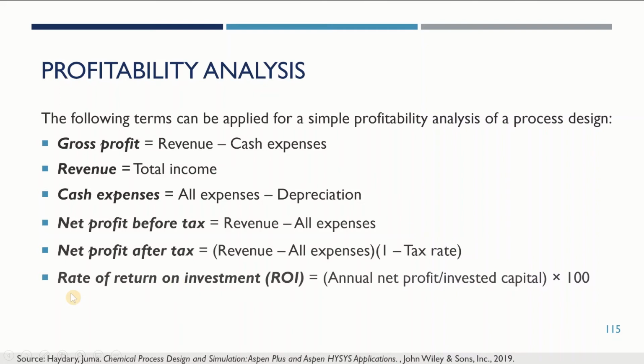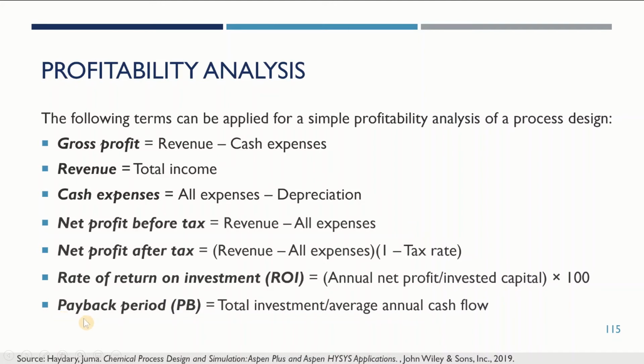The rate of return on investment, or ROI, is defined as the annual net profit divided by the invested capital multiplied by 100. And the last one is the payback period, or PB. This term is the total investment divided by the average annual cash flow.